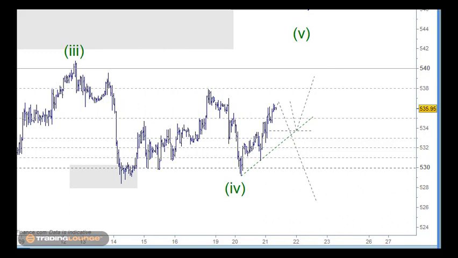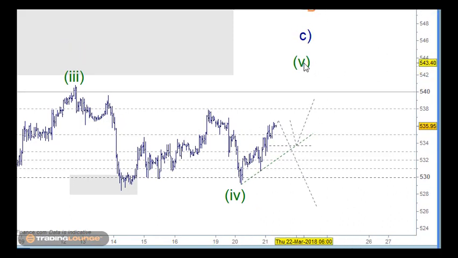But otherwise, if this is moving up, then we'll be looking for 5 waves up into this space here. Taking that top out here, that would be the main point to there. So that's possible there.